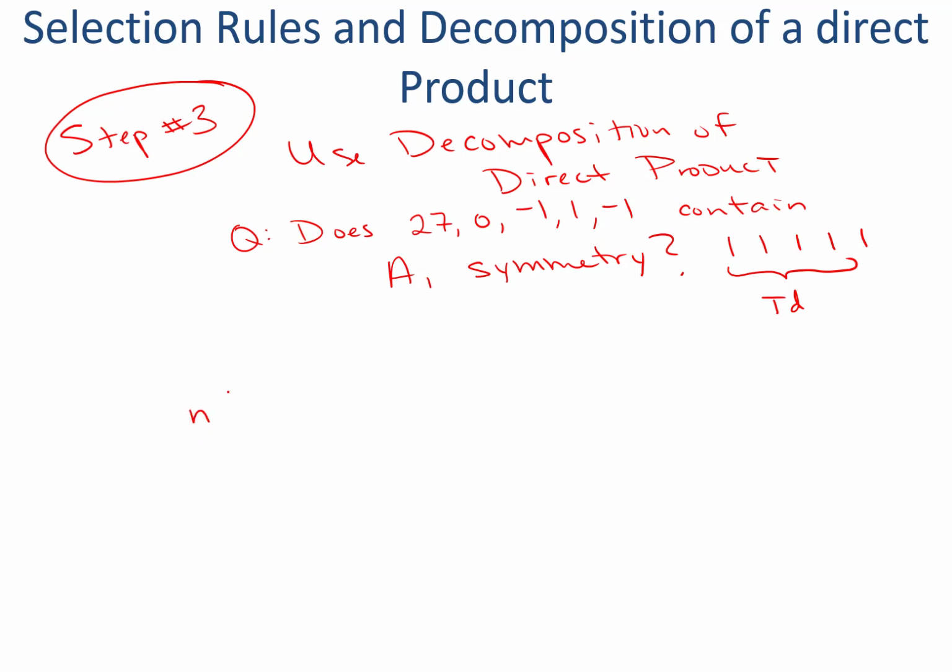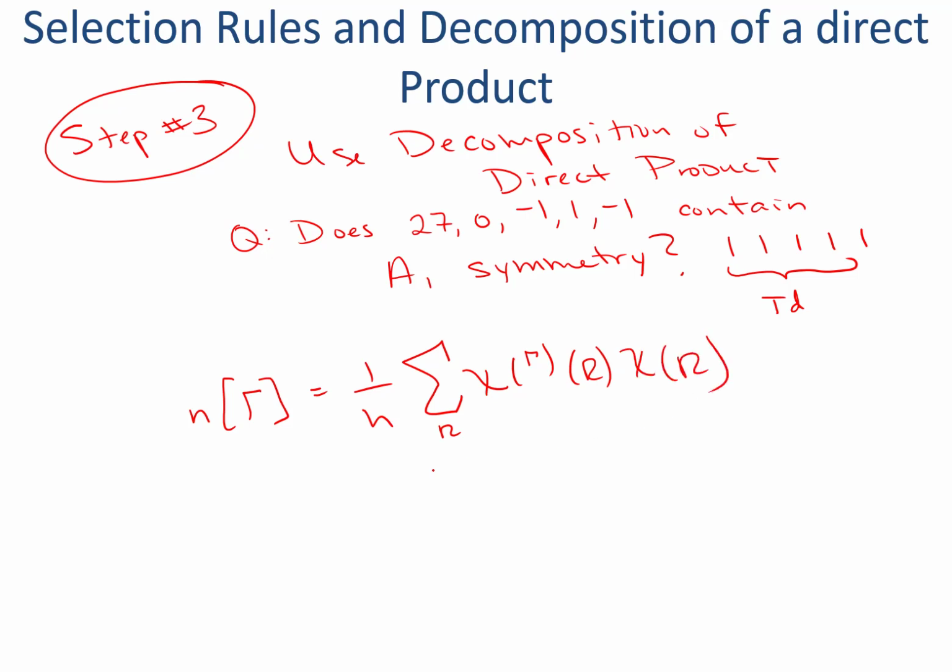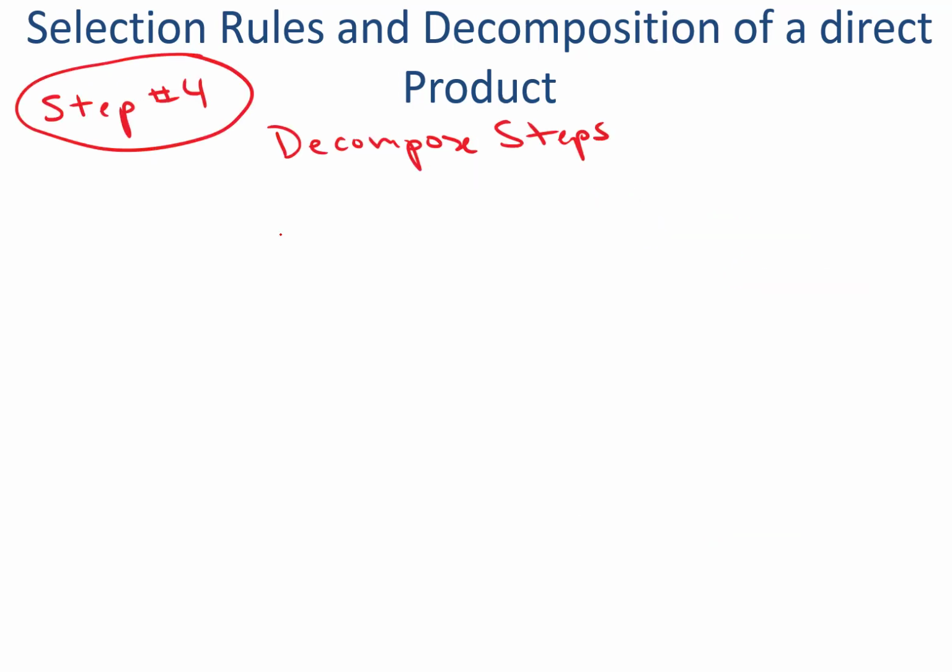Mathematically, this is understood by taking the summation of these products, their characters, based on the symmetry operations of those characters, finding out if in fact we've got some addition of A1 within that direct product. And we're going to go through those steps.